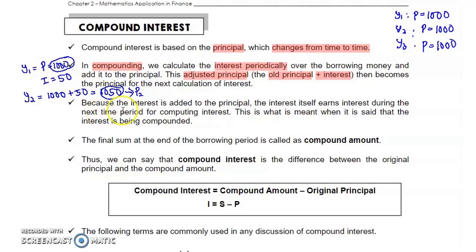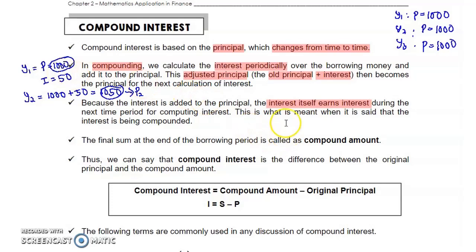Because the interest is added to the principal, the interest itself earns interest during the next time period for computing interest. For example, later in year 2, in the calculation of interest, I equals PRT, the principal we will use is the value 1,050 ringgit, not your original principal.